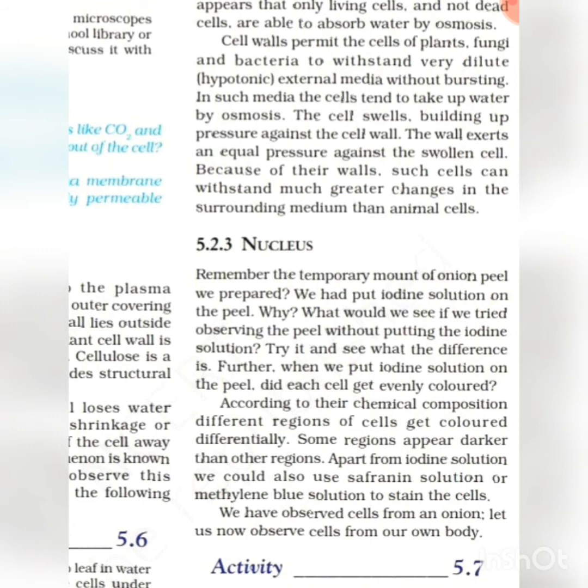Such cells can withstand much greater changes in the surrounding medium than animal cells. So because of this process, they take water and swell up, और वो ज़्यादा बेहतर तरीके से अपने आप को स्टैंड करा सकते हैं सराउंडिंग मीडियम के हिसाब से than animal cells.